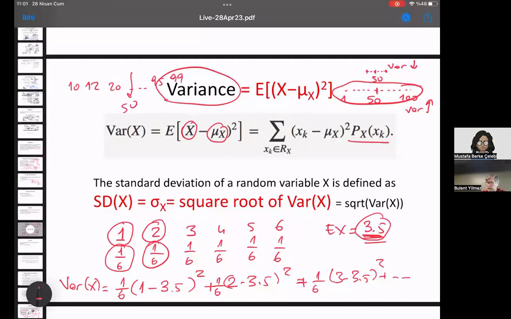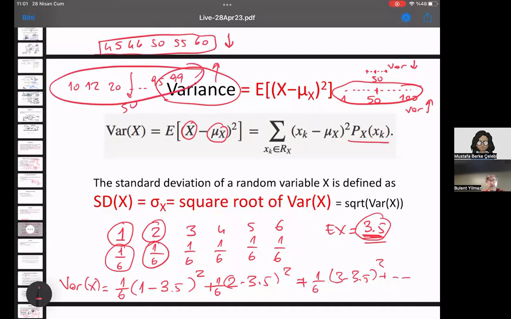In another exam, I have students with 45, 46, 50, 55, 60. So here, the variance will be low. Here, the variance will be really high. So you may get a sense of how spread out your data is when you look at the variance values.